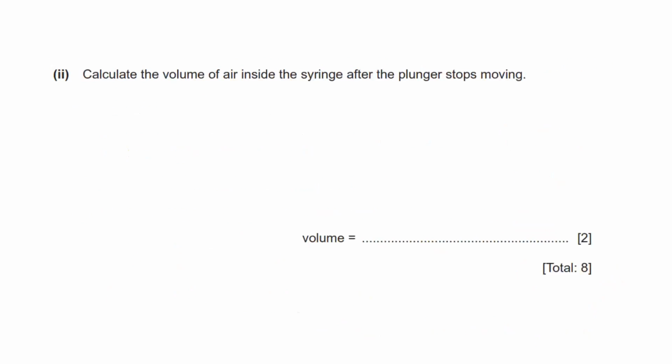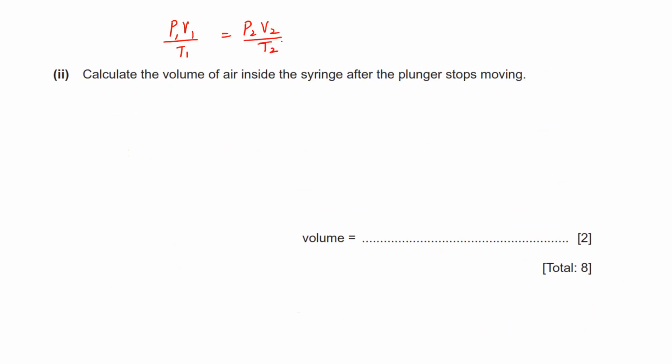So moving ahead, part C. It says calculate the volume inside the syringe after the plunger stops moving. So remember the law: P1 V1 over T1 equals P2 V2 over T2.